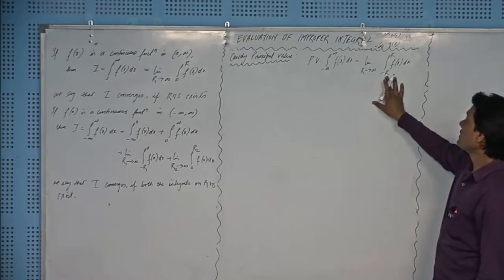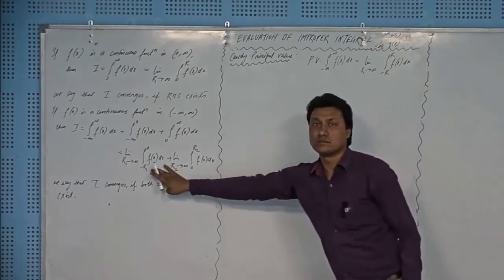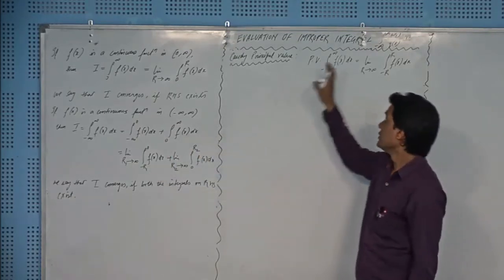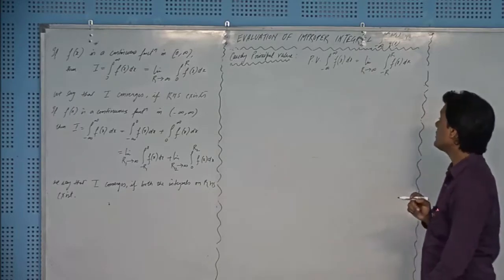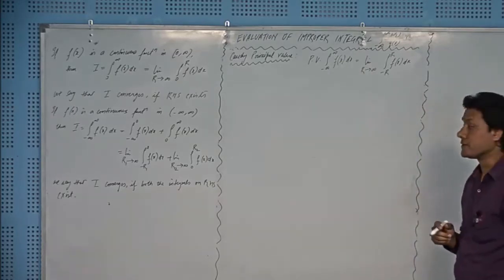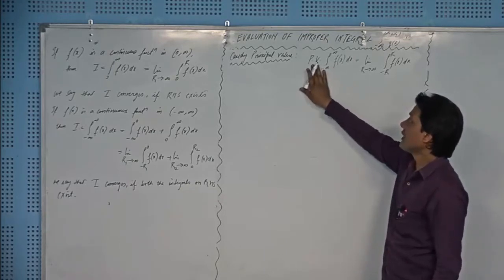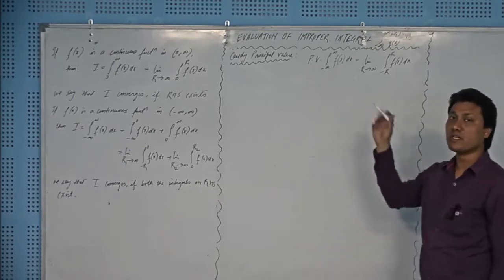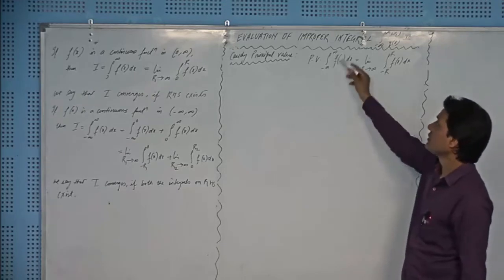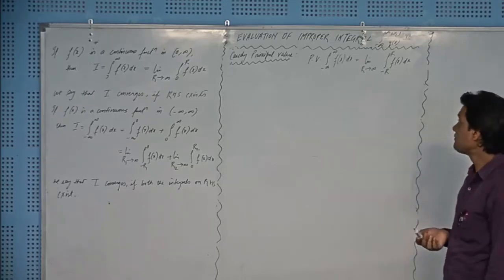And obviously this right hand side is not the same as this one, right? It appears that these two are equal, but they are not equal actually. They may be equal in some cases. So this is defined as a principal value of an improper integral which has limits minus infinity to infinity, right?